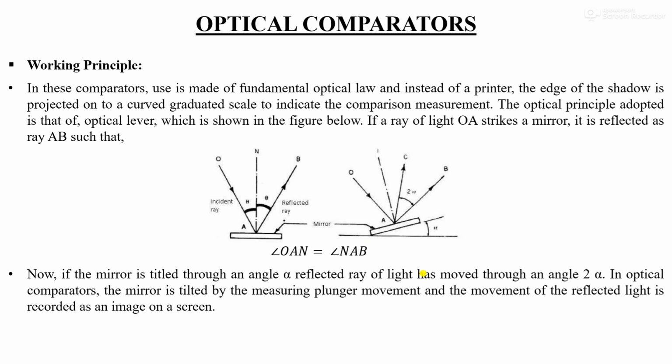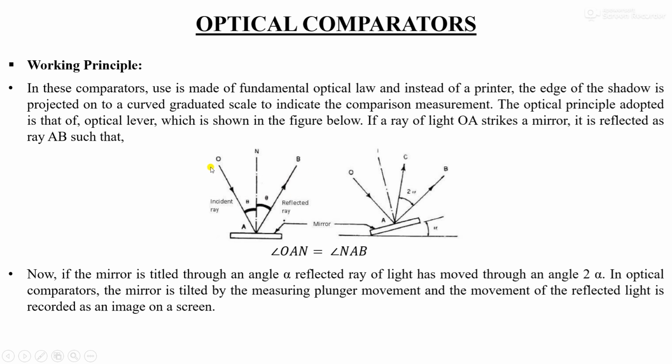As you can see in the figure, the incident ray comes in a particular direction which is at an angle theta with the normal. This is the normal, which is perpendicular to the mirror or the reflecting surface. So it comes at an angle theta on the mirror, and the reflected ray has the same angle theta as the incident ray, but the direction is different. It is in the opposite direction.